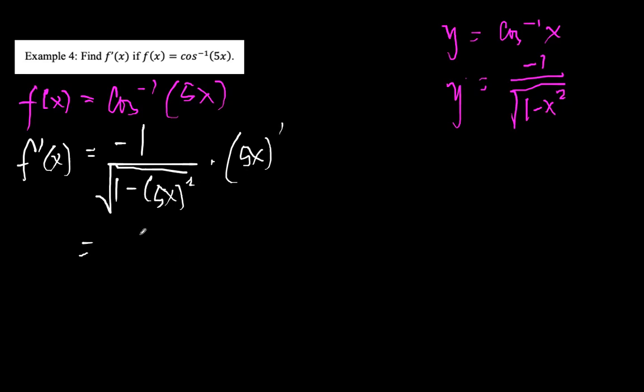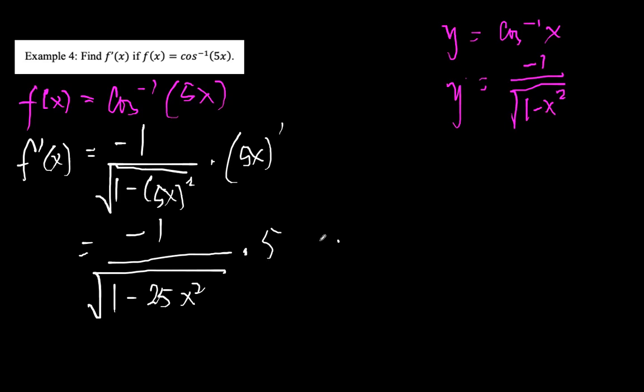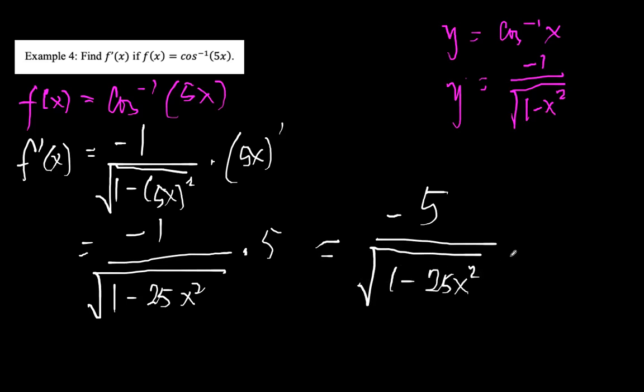So this becomes negative 1 over the square root of 1 minus 25x squared times 5, which is equivalent to negative 5 over the square root of 1 minus 25x squared.